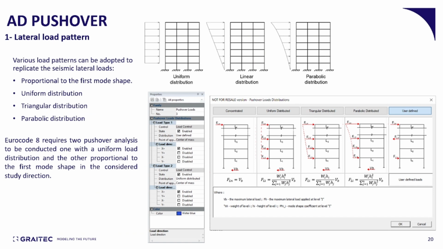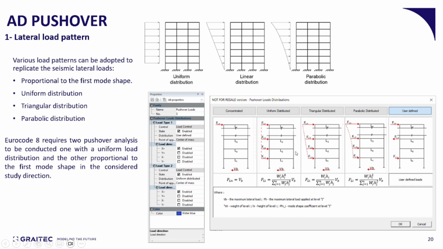Lateral load pattern. What are the options? We have the uniform distribution, we have the linear distribution, and the parabolic distribution. In advanced design, when selecting the pushover loads, as we will see later, we have all those four different options, and the fifth one, which is the user defined.